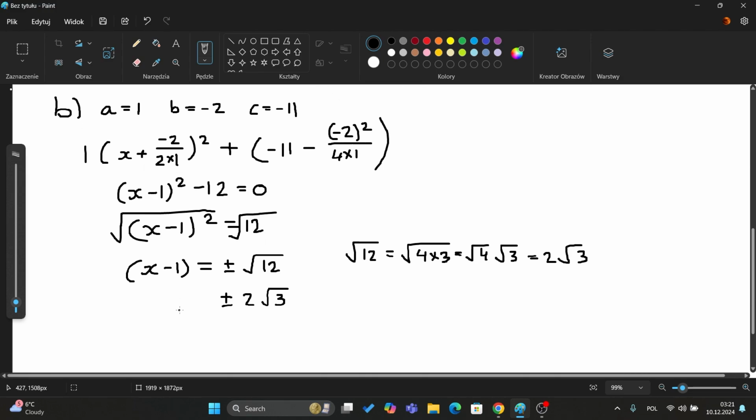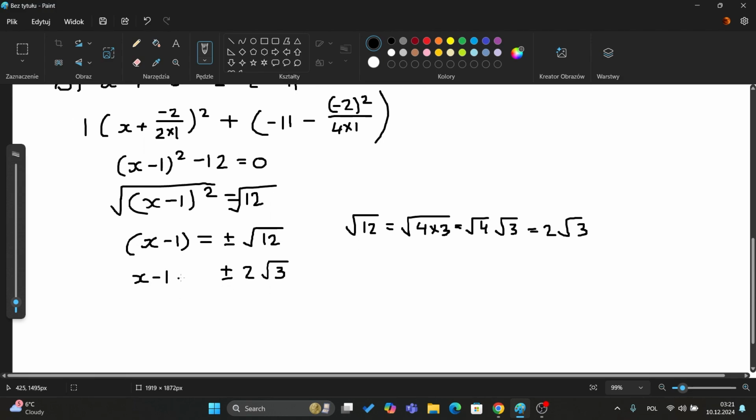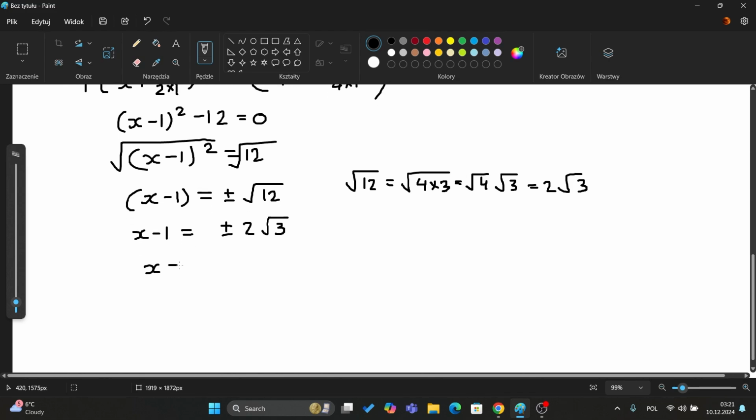So that is it. And here we just add 1, so we get the following. X is equal to 1 plus 2 root 3, and we got x equals to 1 minus 2 root 3.